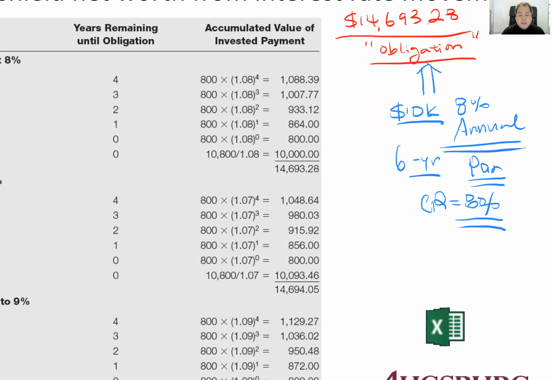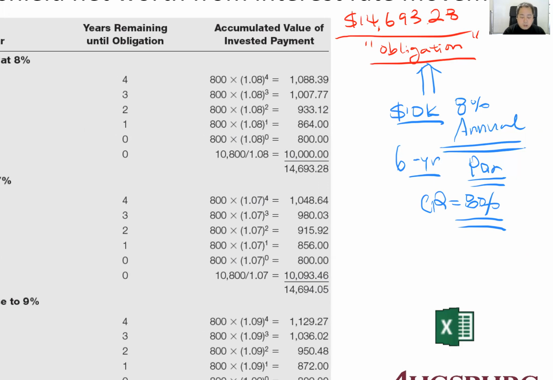Then you have 4 years left for the first coupon, 3 years for the second, 2 years for the third, and 1 year for the fourth. The fifth-year coupon doesn't have to be reinvested, because we're going to sell the bond and finance the $14,693.28.